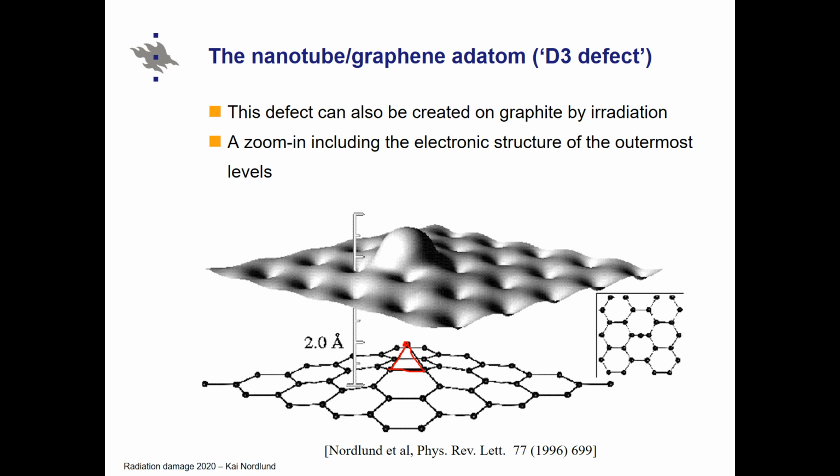And if you do a scanning tunneling microscopy measurement of irradiated graphite or graphene, this gives rise to a very high tunneling current out from this extra electronic state. So it looks like a very tall feature, although in reality it's only a couple of angstroms high.